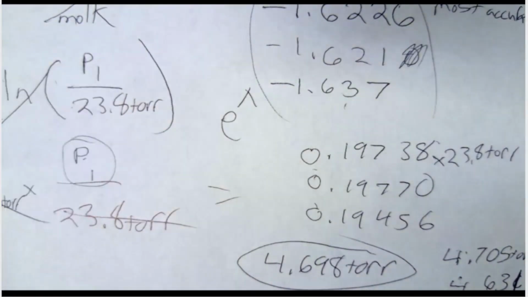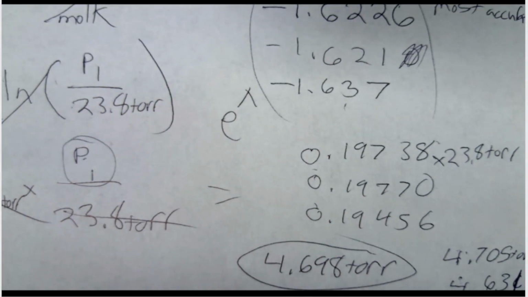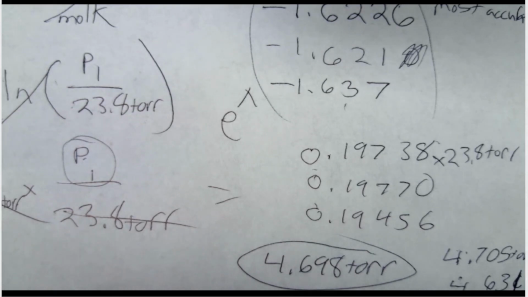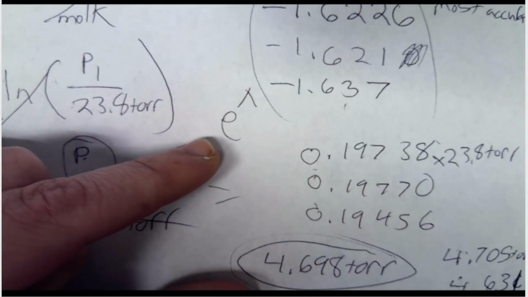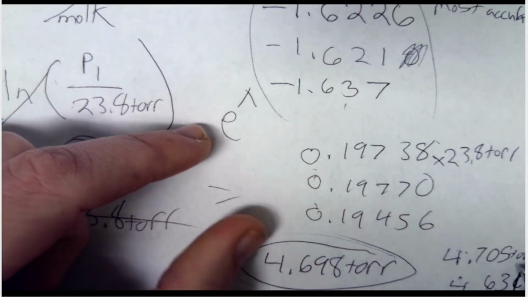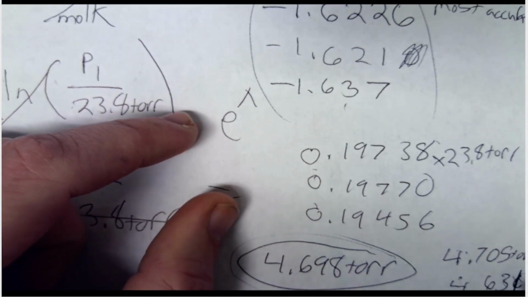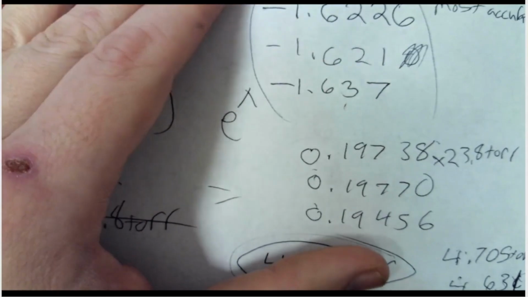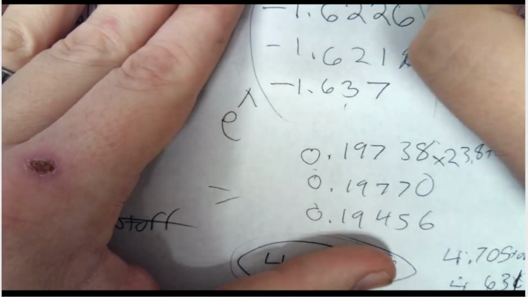Okay, so most of these are, let's see, 4.698 minus 4.631. Okay. Now, thankfully, while this is the most accurate number, these guys are not far enough off to be wrong.